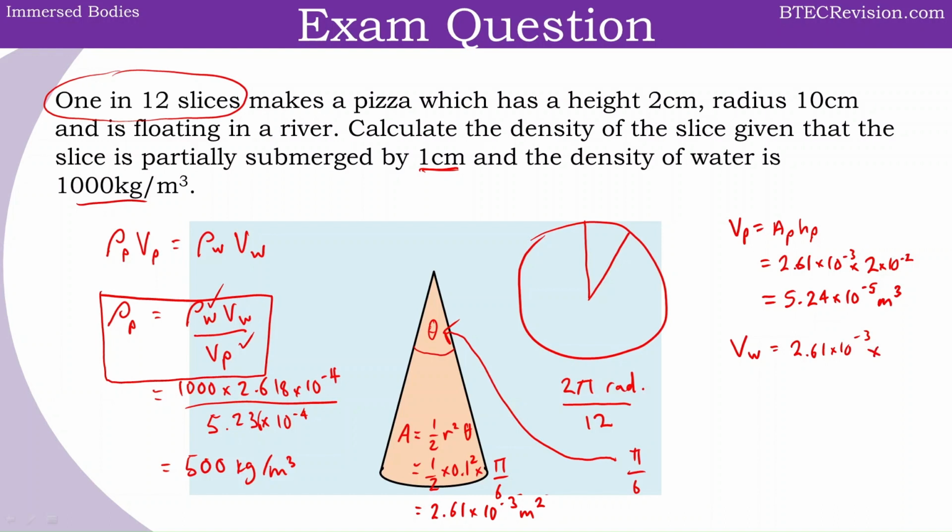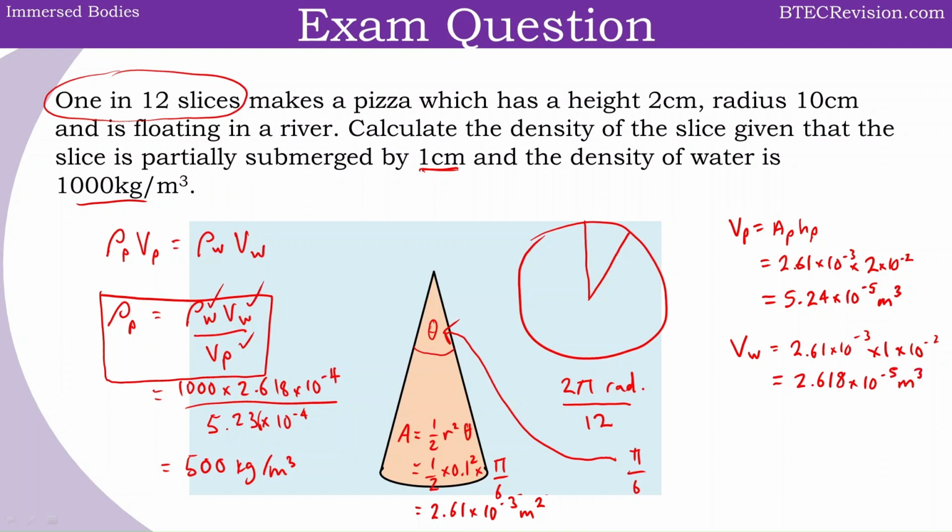So we'll have to times this by 1, and that's times 10 to the power of minus 2. And calculating this would give us a value of 2.618 times 10 to the power of minus 5 meters cubed.